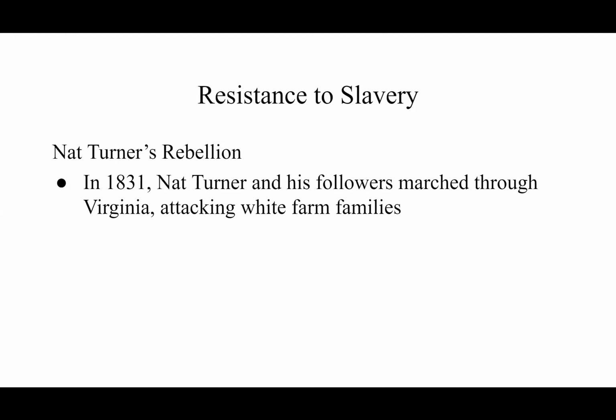His goal, of course, was to earn his freedom. But what happens is, after a few weeks, he gets captured and he is executed. And what happens is it's really made the institution of slavery worse, as Virginia instituted harsher slave laws, as well as other southern states will do the same, to keep slaves in check and to make sure that they won't try to lead large-scale slave rebellions like this again.